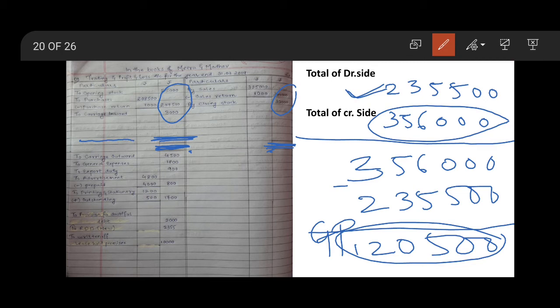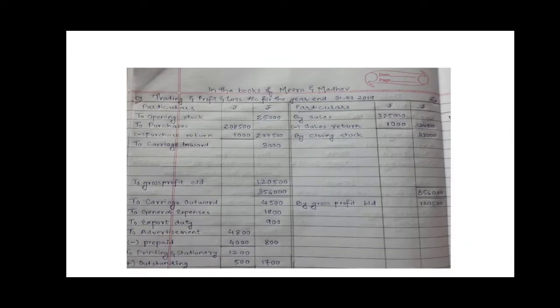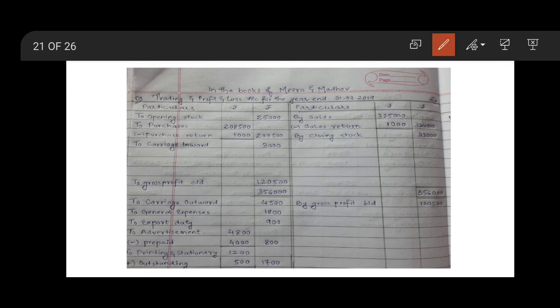This gross profit is transferred to the opposite side of the next account, that is profit and loss account. Here we'll write by gross profit, and in the outer column the same amount, 1,20,500. You can see in this way the total is taken, it is transferred here, the balance which we call gross profit, we have written up, and it is transferred after closing lines to the credit side, writing by gross profit carried down.